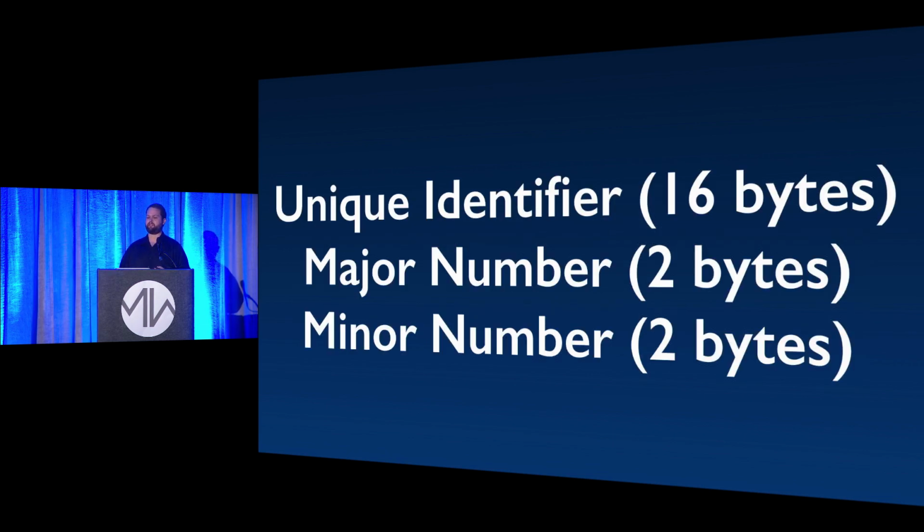Well, Apple decided to take a small part of the bytes allowed for manufacturer-specific data in these advertising packets and encode several identifiers. First, a 16-byte universally unique identifier. Second, a 2-byte major number. And finally, a 2-byte minor number. That's great, but what does that mean? What can you do with these?